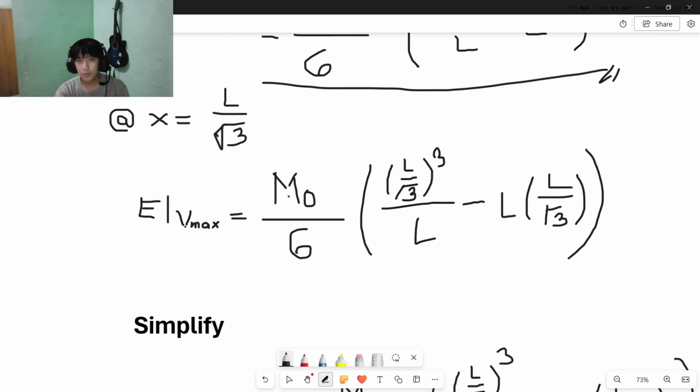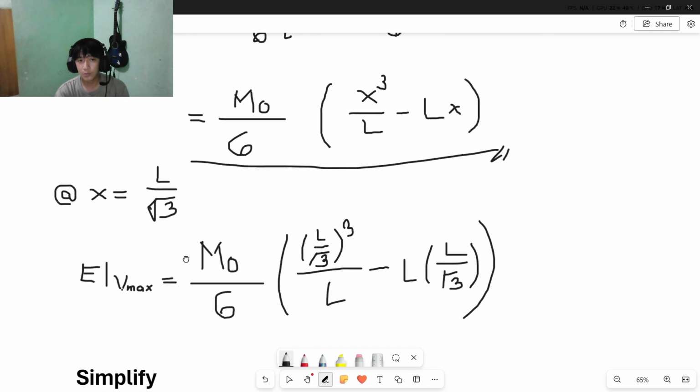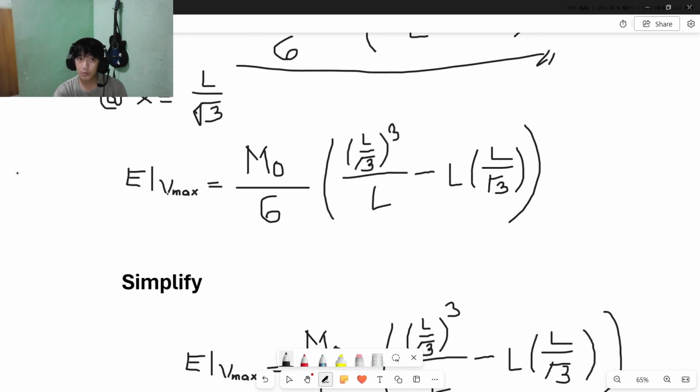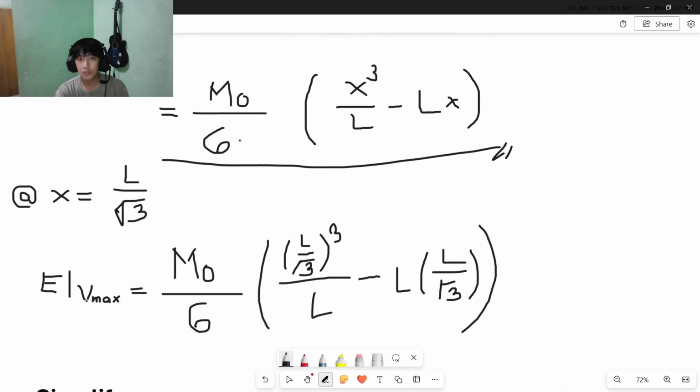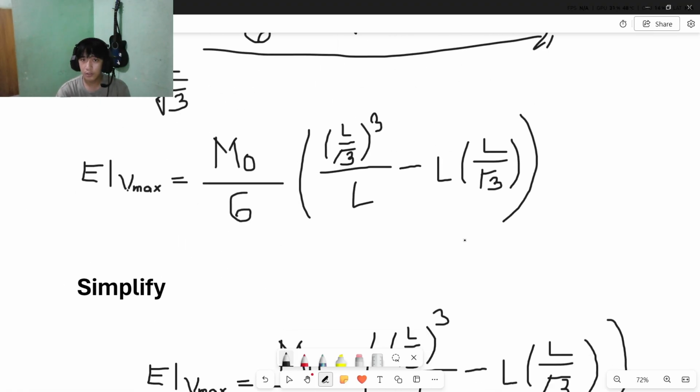So to get our maximum deflection, or magnitude of maximum deflection, we set that up again. So flexural rigidity at the maximum deflection is going to be equal to m sub o over 6. Then substitute our value of L over square root of 3, that's going to be cubed, over L minus, here we have our L again, multiplied by the same value of x, which is L over the square root of 3.